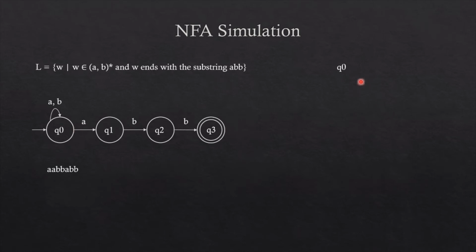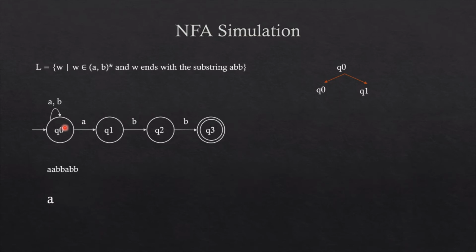So we start off at the start state Q0, of course, and the first symbol we see is A. So from Q0 on A, we have a transition on Q0, and we have a transition to Q1. Let me explain this again. When we're seeing an A, this might end up being ABB, and this might be the third last symbol, in which case it will lead to a success.